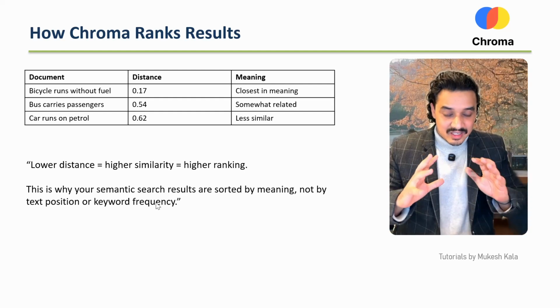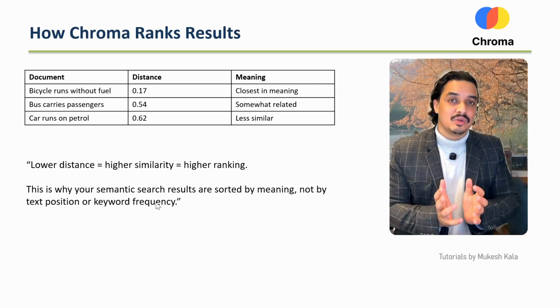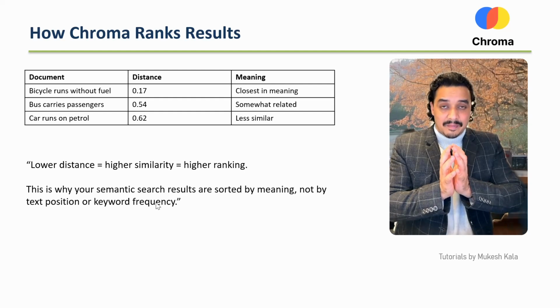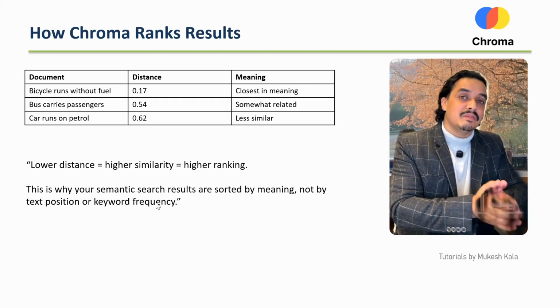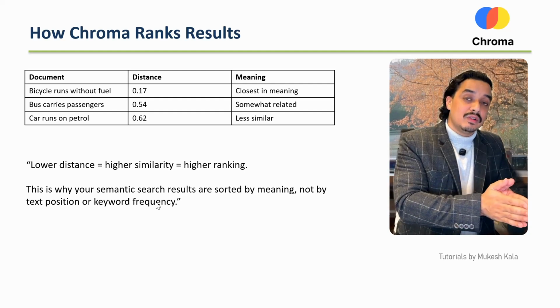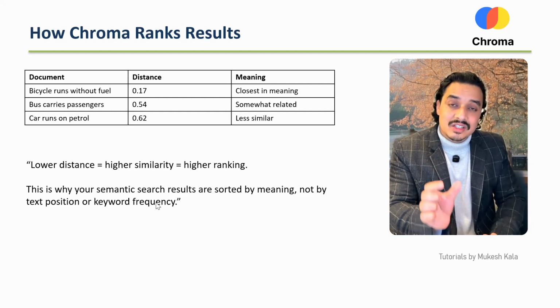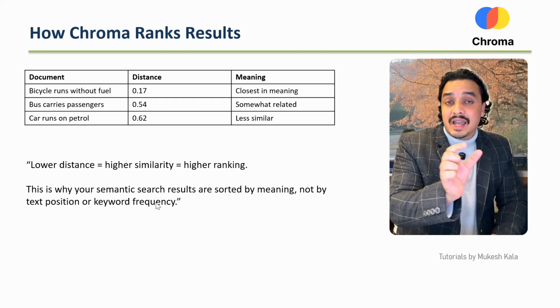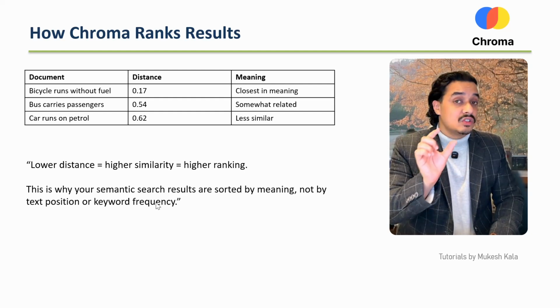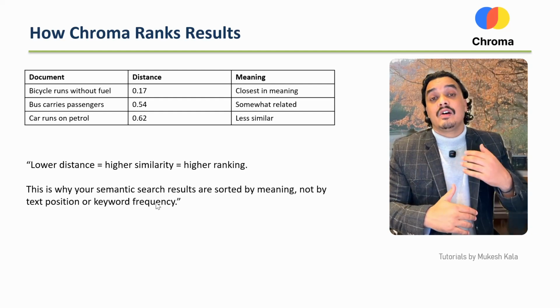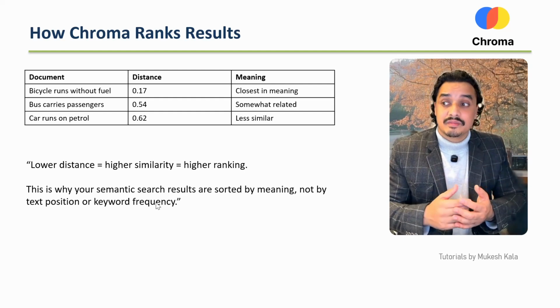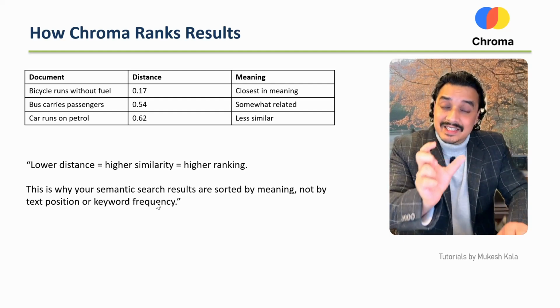So the summary for this complete tutorial is embeddings help us with semantic search. Semantic search is more powerful than keyword search. Keyword search is keyword to keyword matching, and semantic search is not keyword to keyword, but it's the meaning. No matter how many times the same word is repeated, you will still work on the distance, and that is calculated using the embeddings.